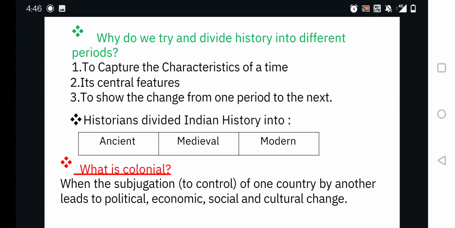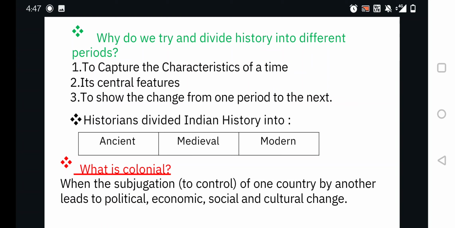Historians divided Indian history into ancient, medieval, and modern. Now, while many historians divided it into ancient, medieval, and modern, James Mill divided it into Hindu, Muslim, and British, which was widely accepted, but it was criticized also. Why widely accepted? Because at that time people had less knowledge, so they divided it according to the ruler's religion.